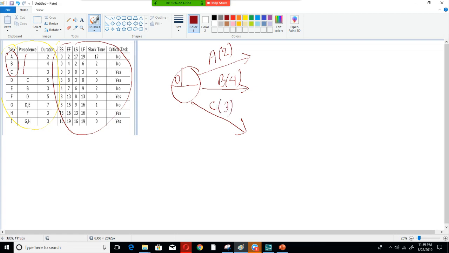Now we have to look at where each of these ends. Here, C ends at D and B ends at E. So after B we will have E, and E has a duration of 3, and after C we have D. D has a duration of 5.